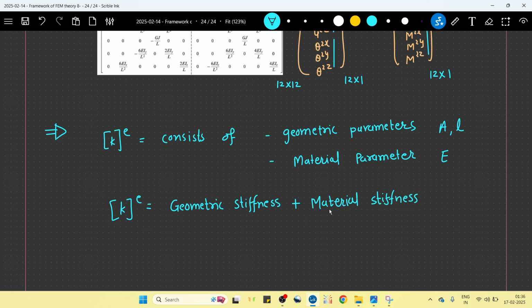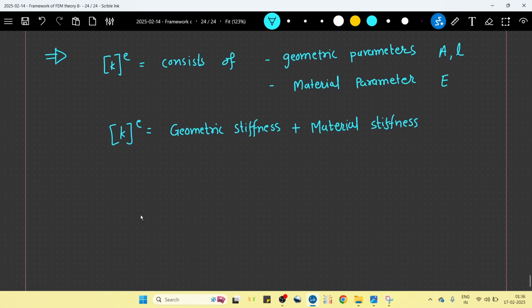If you want to try to physically understand this, say there is a particular structure, for example something like this, and let's take this as steel.